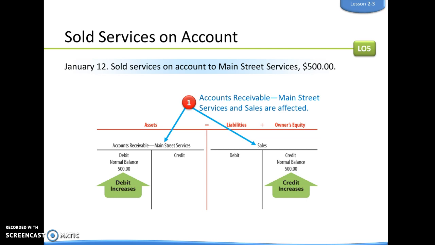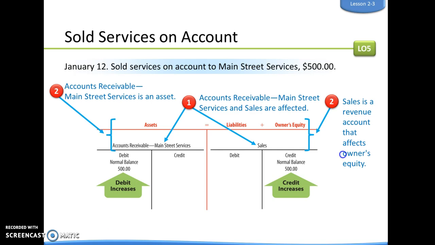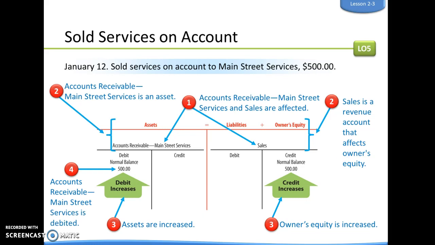One's an asset, one is owner's equity. Accounts receivable is going to increase on the debit side, and owner's equity is increased on the credit side. So accounts receivable is debited and sales is credited.